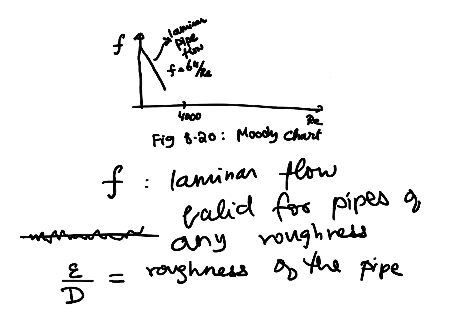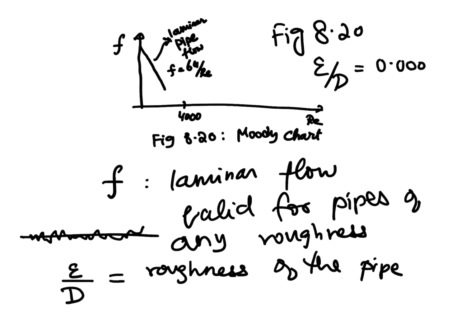The figure 8.20 has values of epsilon over D between 0.0001 to 0.05, which is a very rough pipe. And a very smooth pipe will have an epsilon of 0.